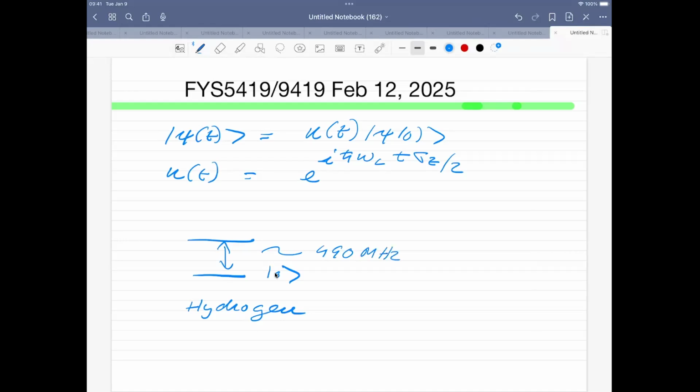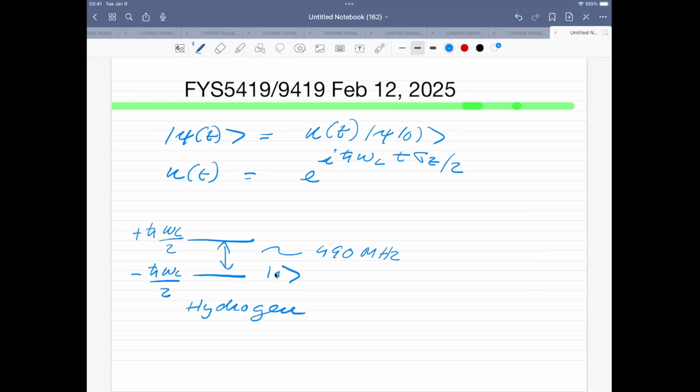And then you multiply with h bar, and then you have the spacing in energies. And these are called Zeeman levels. And this state here would then be something which has an energy of h bar times omega divided by 2. And this has an h bar omega L divided by 2 here.